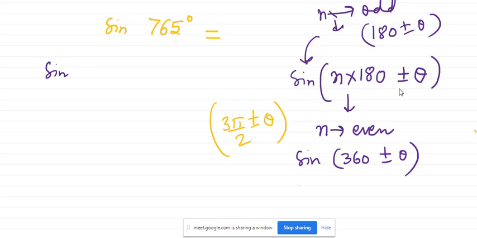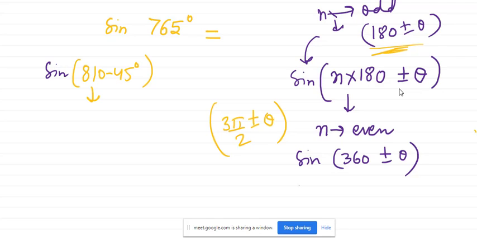But we will not do this, because for 810 minus theta we don't have any rule, right? Yes, ma'am.